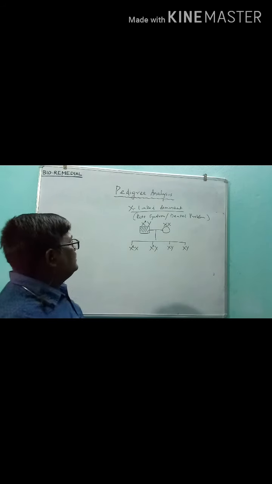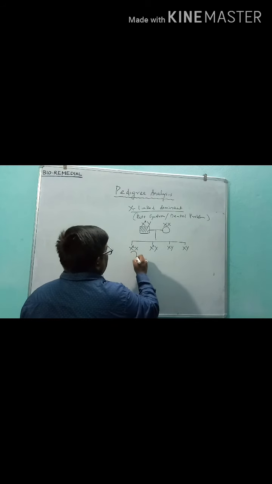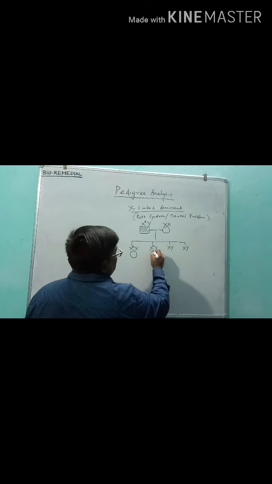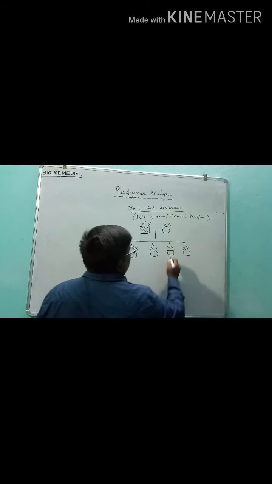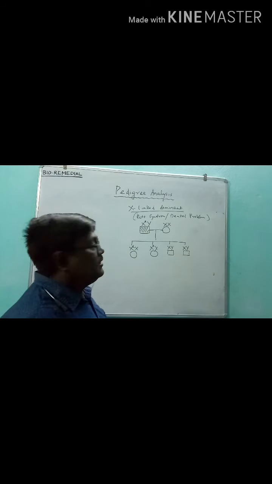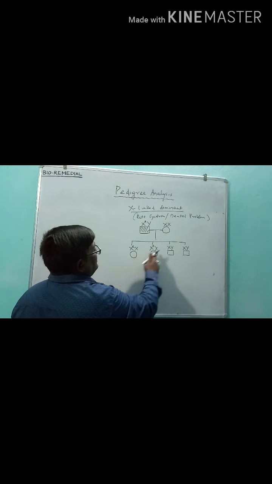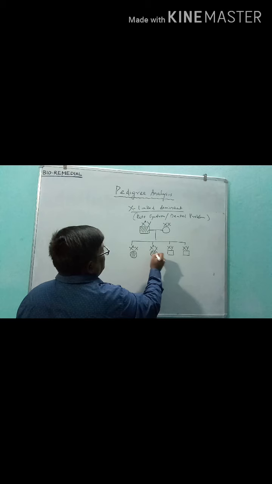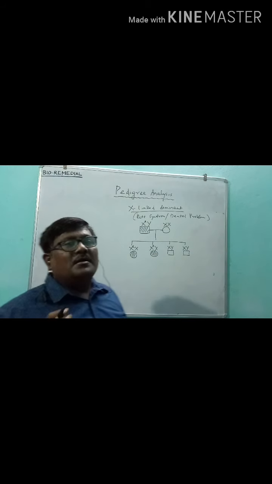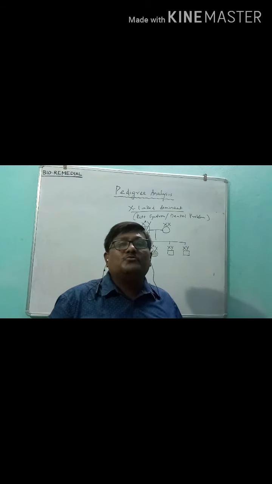Here you will find this will obviously be female, 2X. This will be female, this will be male, this will be male. That means both males will be normal. Only the defect gene will be found in the female, because the father contributes the X chromosome to the daughter.